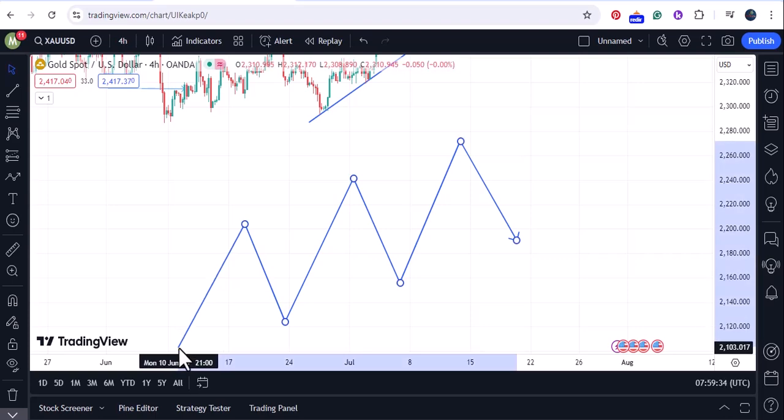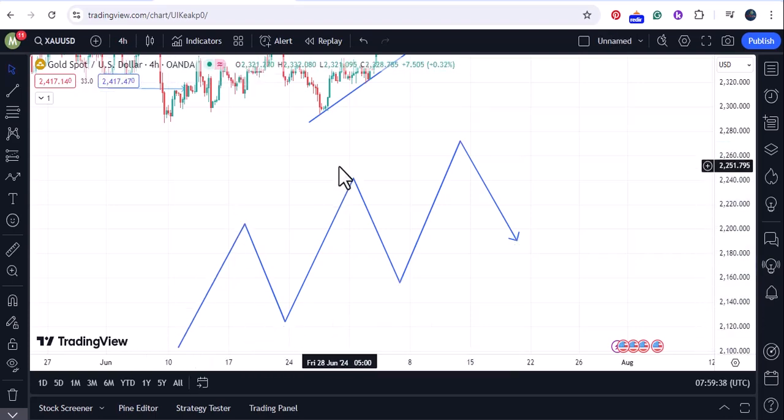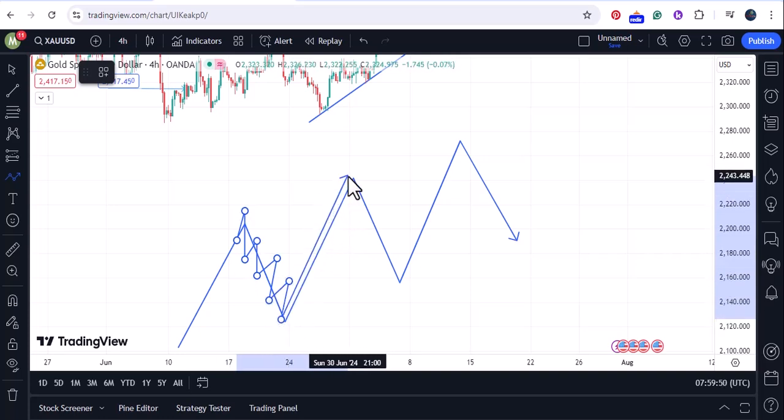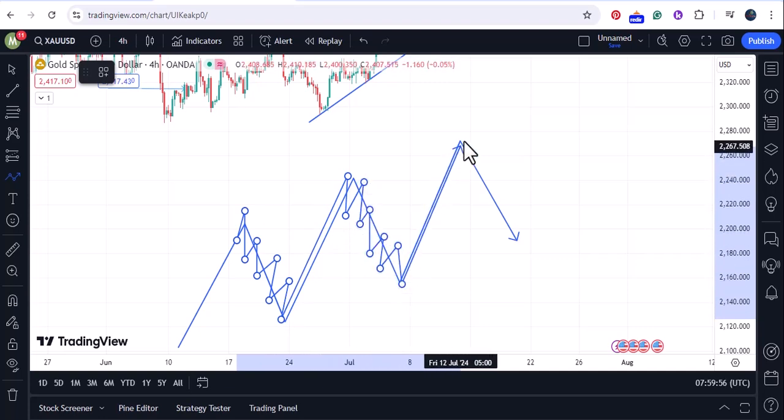Remember, we are having what we call ranges from this point to this point and this point to this point. And if you need to identify this realistically, you will see that this is an impulsive move, then corrective moves, impulse, corrective move, impulse, corrective move.